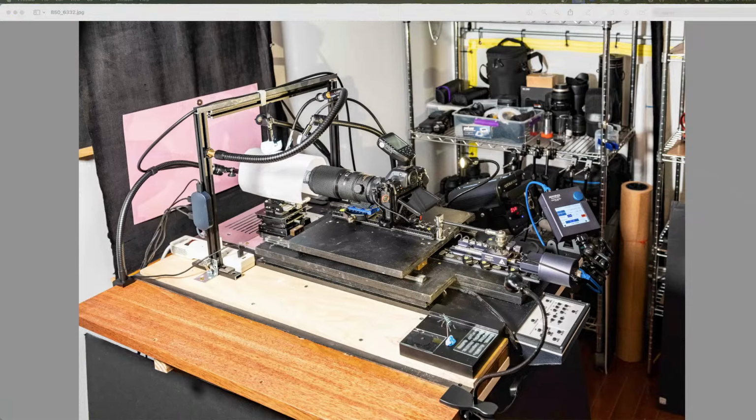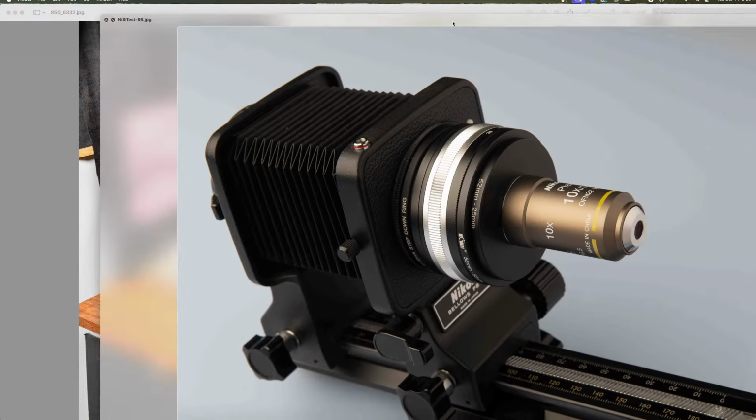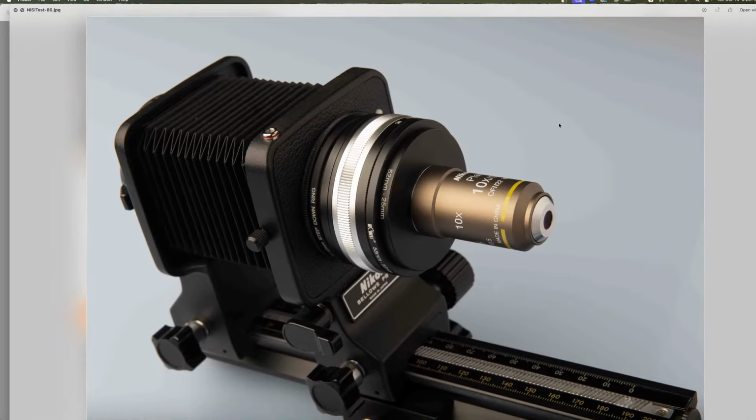Let me see. I have something that may be arguably a little closer to being a microscope. Would be this. It's a very simple setup with a 10x Nikon objective mounted on a 200 millimeter focal length relay lens right on it, with very little gap, and a bellows with which to set the proper tube length.